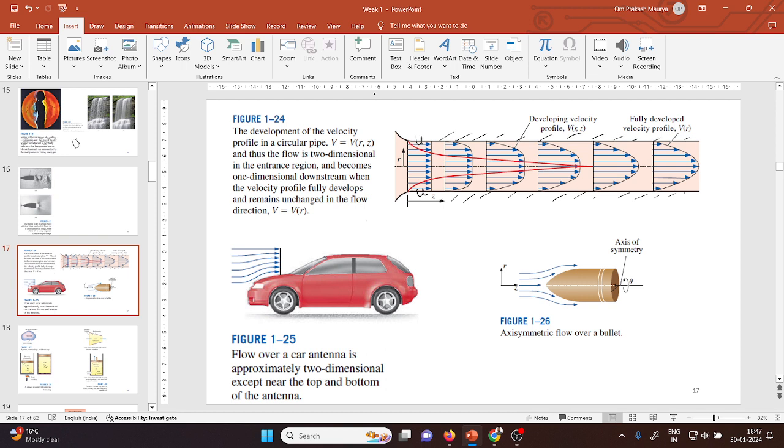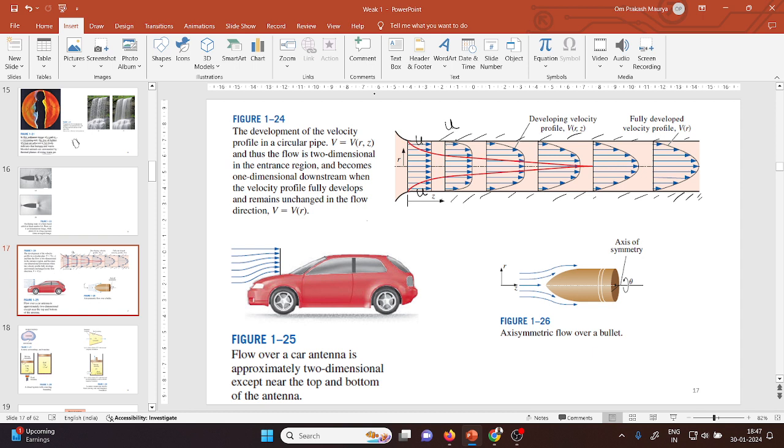After moving some distance, your velocity diagram is like that. Here it was uniform, but after moving, suppose the length of the arrow represents the velocity magnitude. After moving a certain distance, the magnitude of the velocity is reduced. Why reduced?